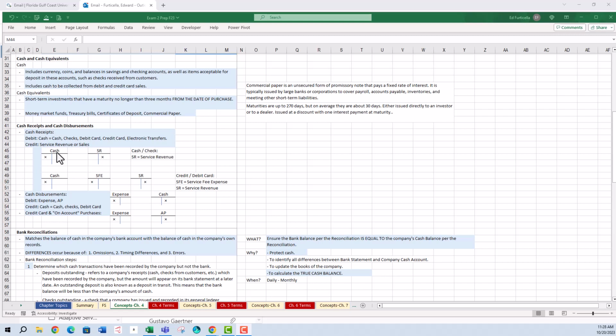Now, the one thing that you have to be mindful of is if we're accepting credit cards and debit cards, the credit card company or debit card company are going to charge us a service fee.